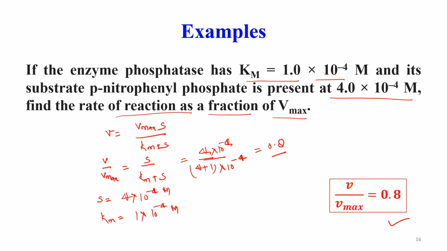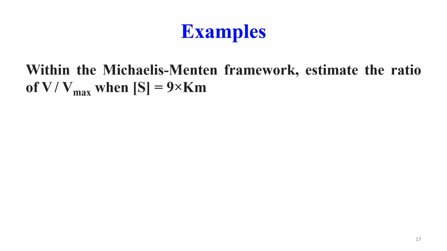Similar to this, we can have one more example on the same concept. Within the Michaelis Menten framework, estimate the ratio of V upon Vmax when S is 9 Km. Here, rather than giving individual values of S and Km, the ratio of S and Km is given.